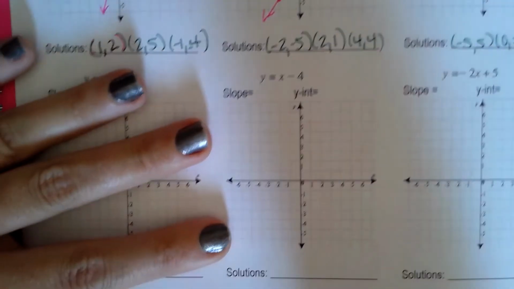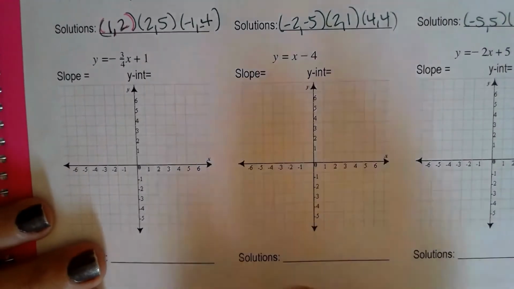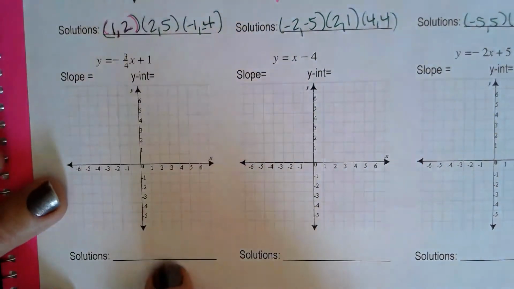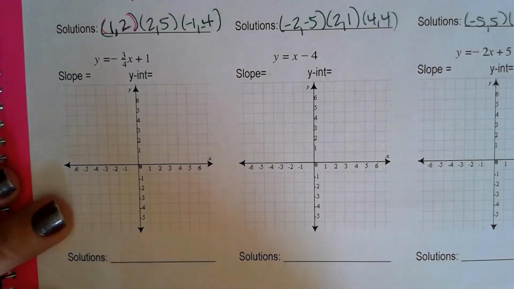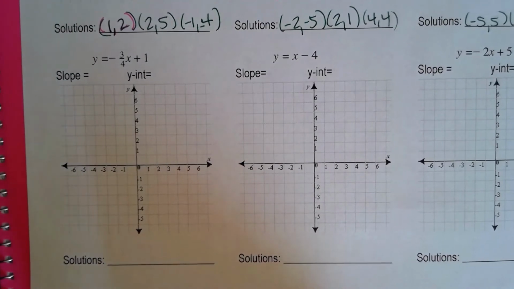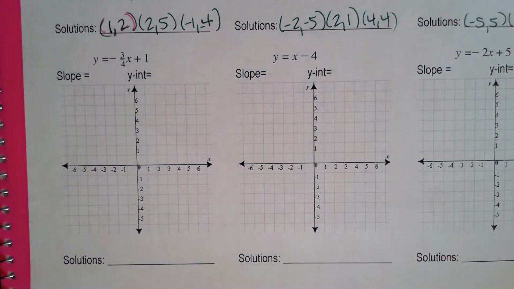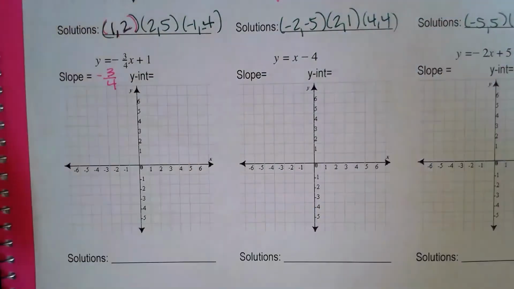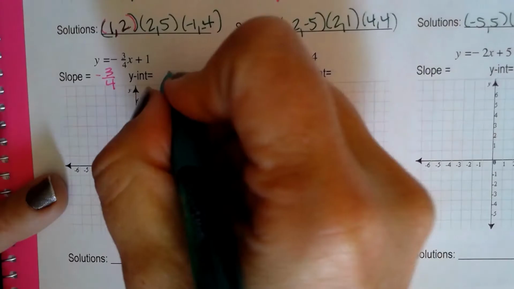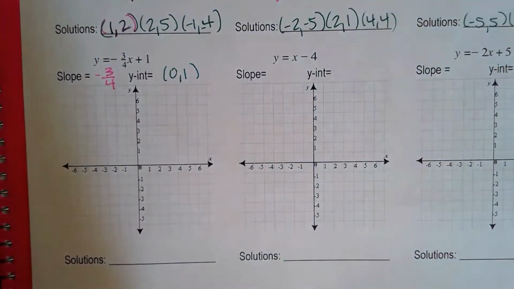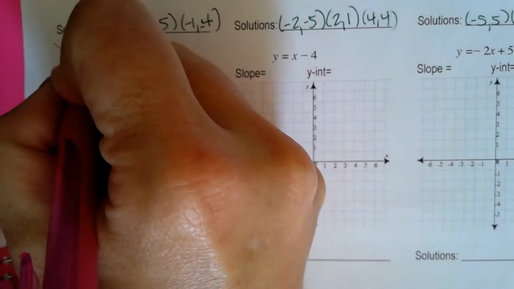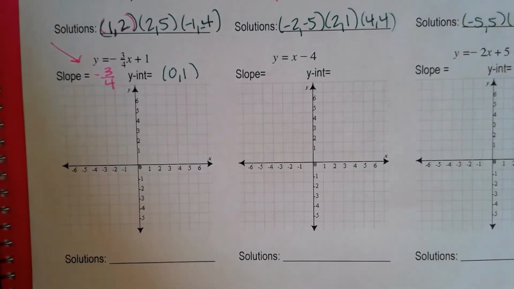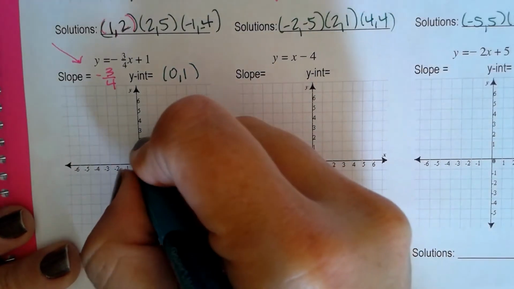All right. So you guys are going to try the next one. So identify the slope, the y-intercept, solutions, graph it. Don't forget to check it. Go ahead. All right, so my slope is -3/4. My y-intercept is at 0, 1. Since my slope is negative, it needs to be decreasing. So 0, 1.